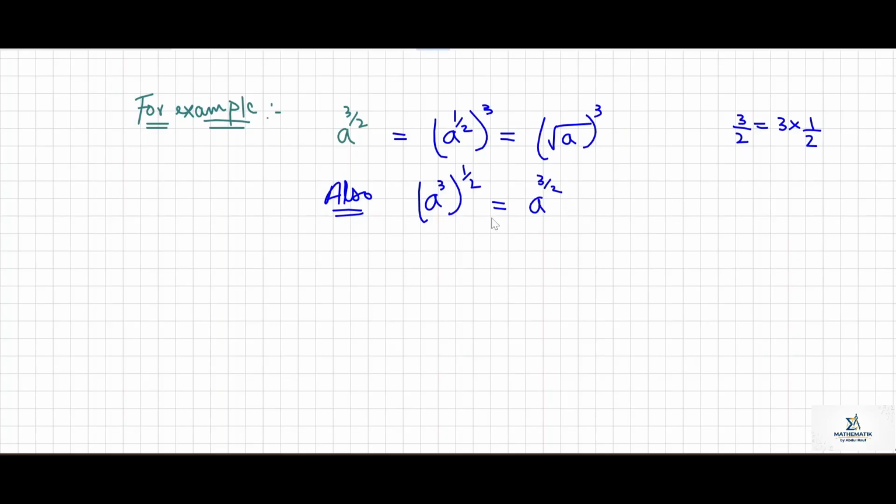Or let me write it properly. So you can write it like this now. The square root will be changed like this. So this can also be written like this: the cube of a, whole with the square root.